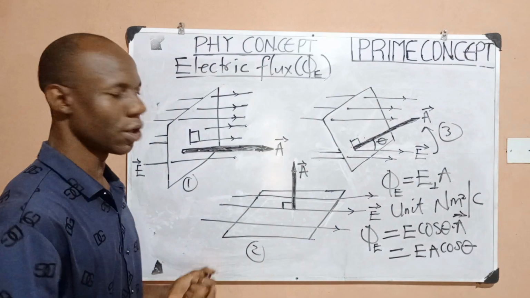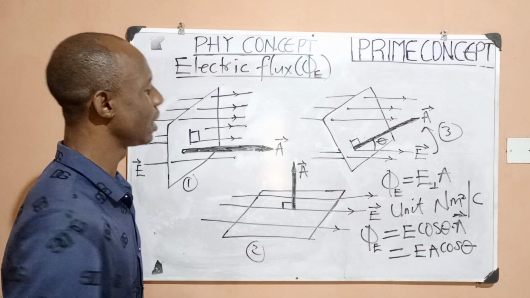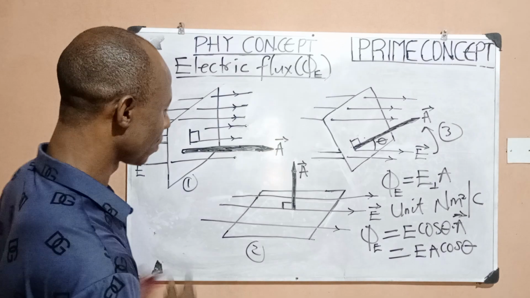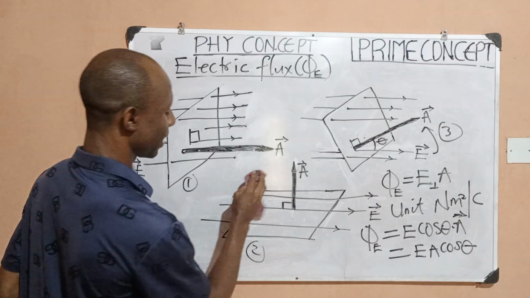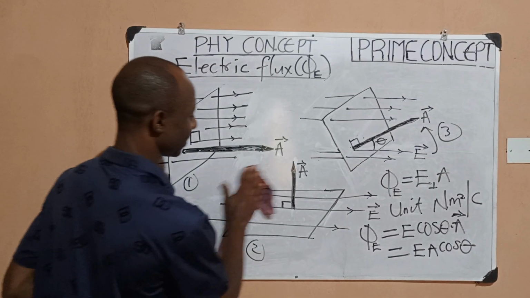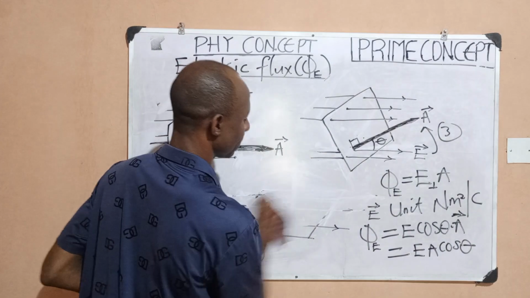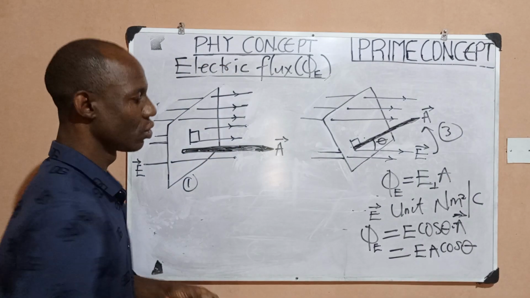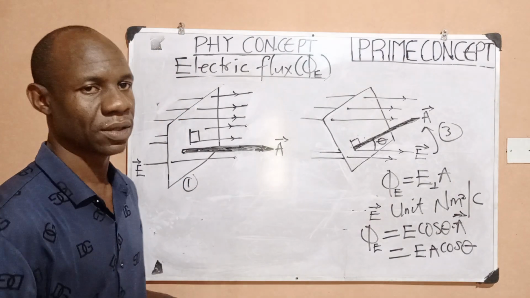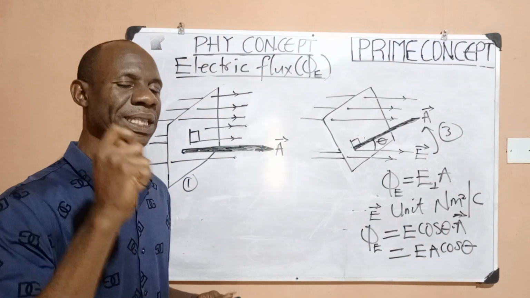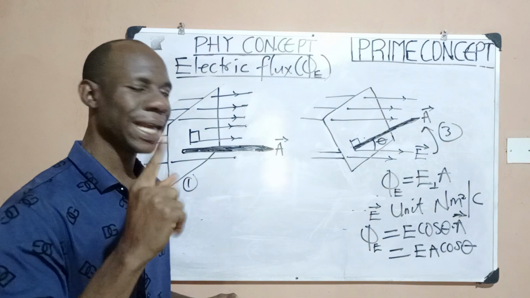So we're going to do some deductions from this relationship, right? I think I should rub one of them. I'm going to rub this. So we're going to do some deductions for this. Now, our first deduction is that you can obtain maximum electric flux.